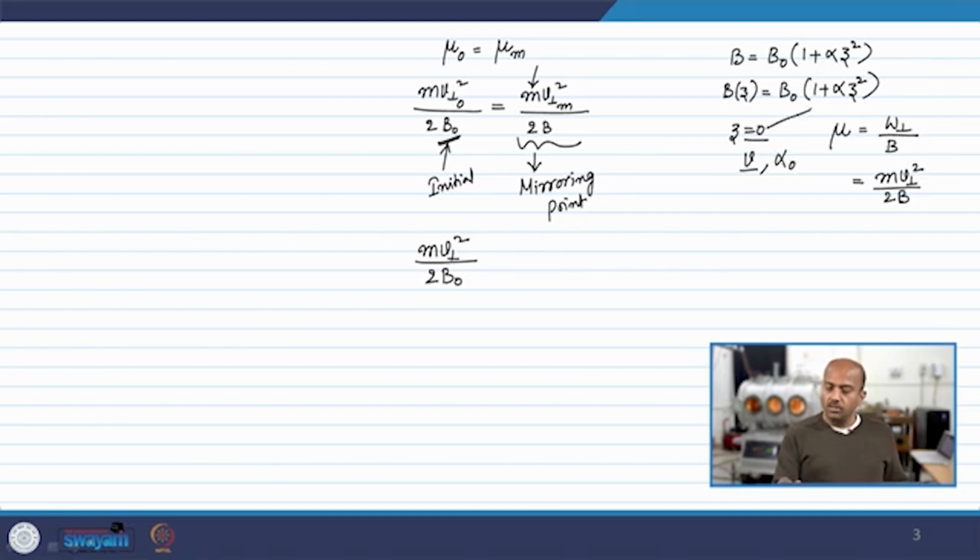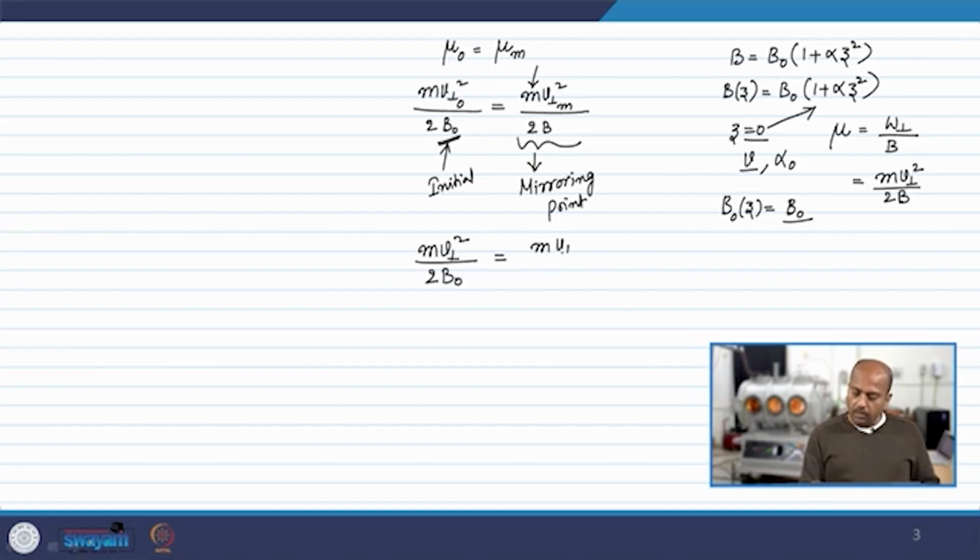So, when you substitute z equal to 0, the initial magnetic field at the beginning is nothing but just B naught. So, m v perpendicular 0 square by 2 B naught is equal to m v perpendicular m square. But here the magnetic field is not just B naught, it has to be 2 B naught times 1 plus alpha z square.